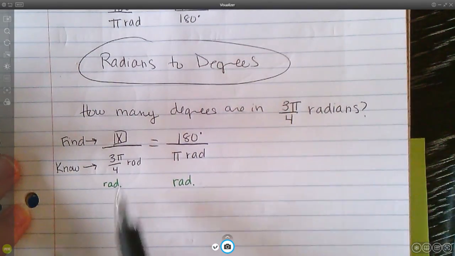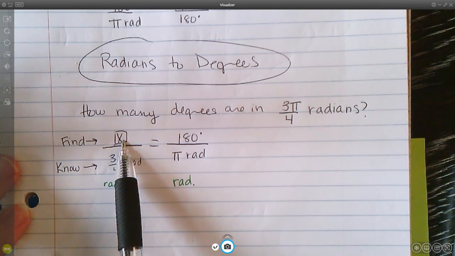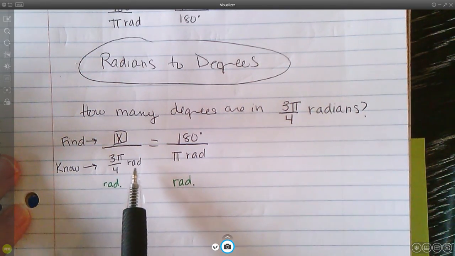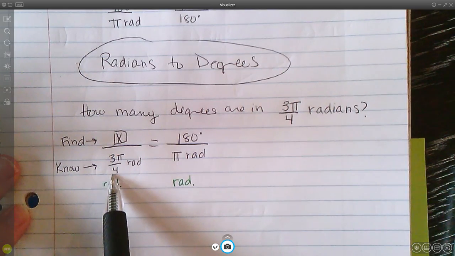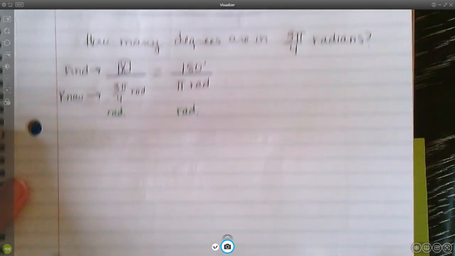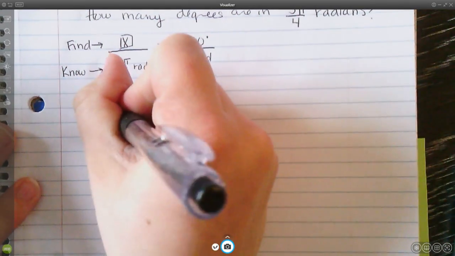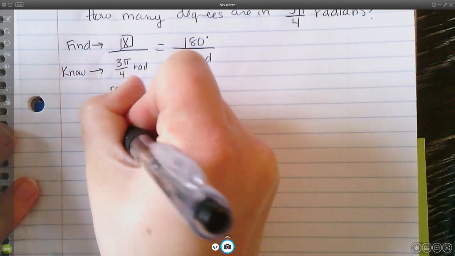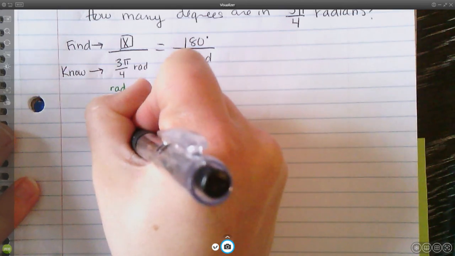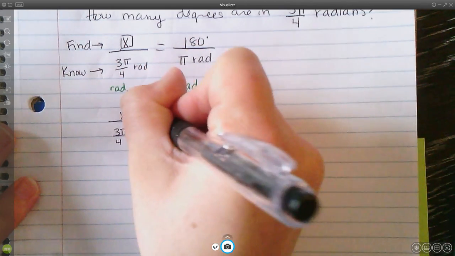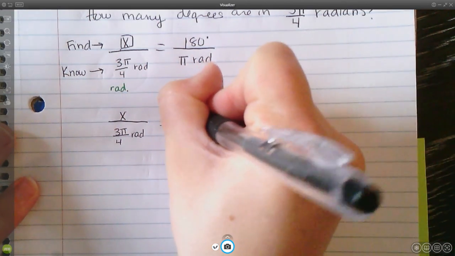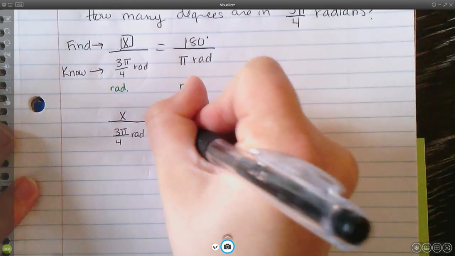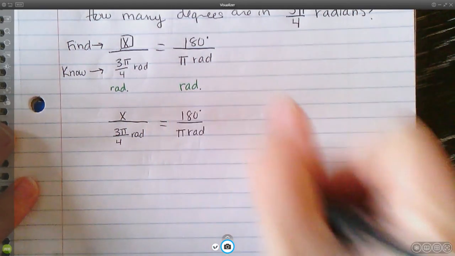Okay, so we are trying to solve for x. So we need to multiply both sides by this. I'm going to rewrite this: x over 3 pi over 4 radians equals 180 degrees over pi radians.